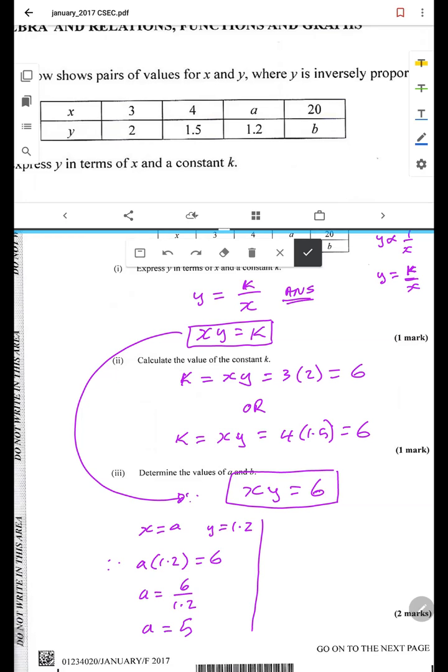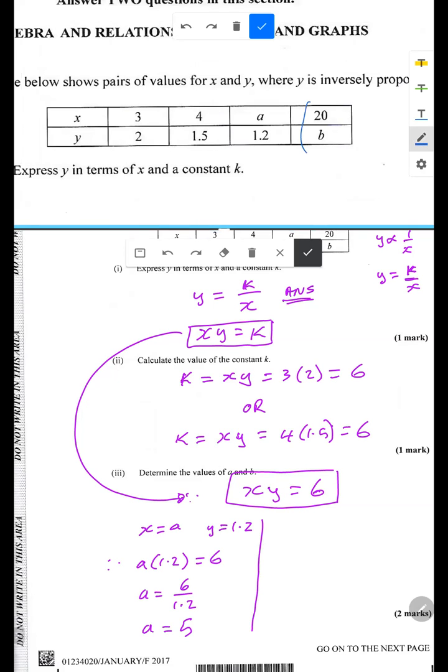The second one now, look at the table here. x is 20 when y is b. So you put them in the formula. Therefore, 20 times b is equal to 6.